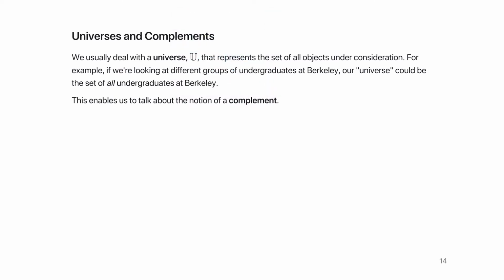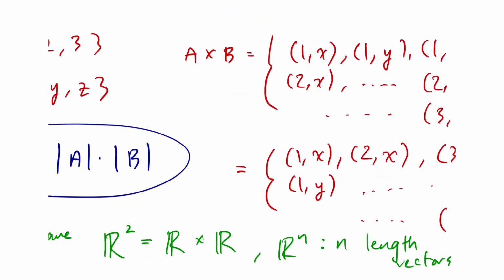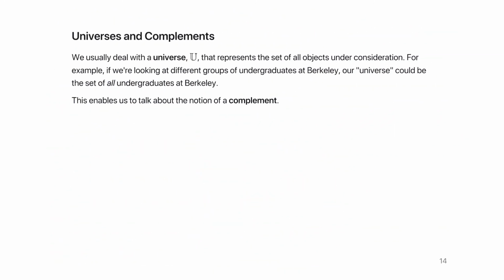Okay, so another thing we need to discuss when we're talking about sets is this idea of a universe. That's usually denoted with this fancy U. And you'll see a lot of characters that have this fancy lettering. I tried to draw a Z with an additional line, or R with this additional line. I guess mathematicians just like to be fancy, but it is how it is. A universe usually just represents the set of all objects under consideration.